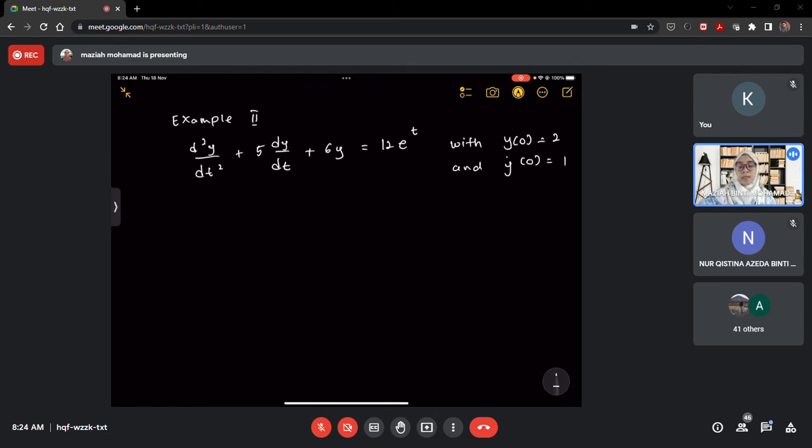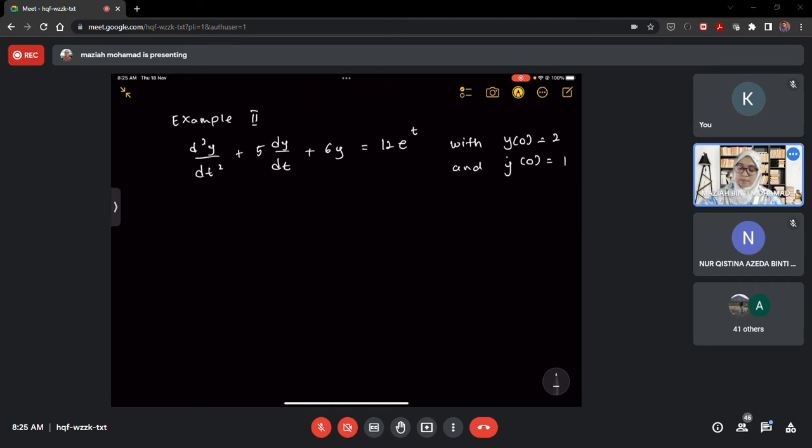In this example, you can see that the initial condition is not 0. It's given that y0 is equal to 2, meaning the output is not starting from 0. The output starts with 2. And y dot 0, the gradient at t equal to 0, is equal to 1, for the output graph. So we need to replace the value instead of having 0 initial condition. You can expect the equation will have some value here.